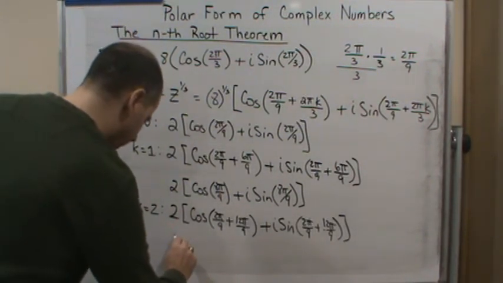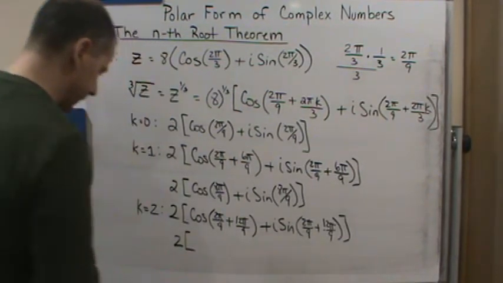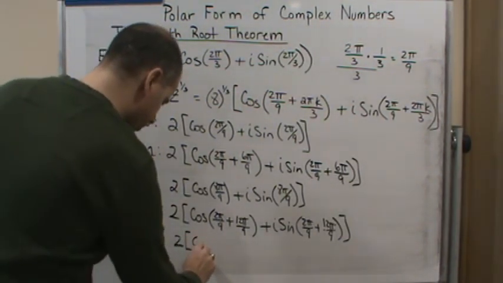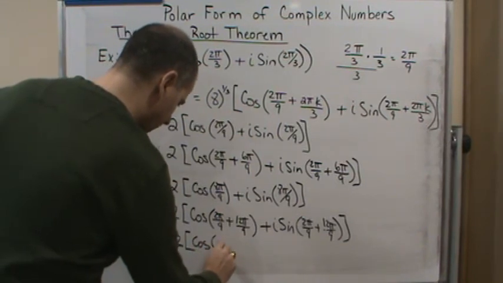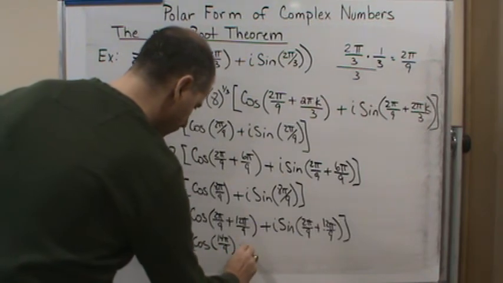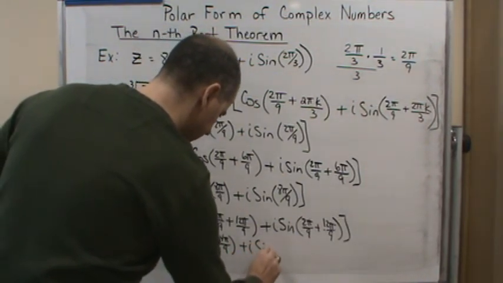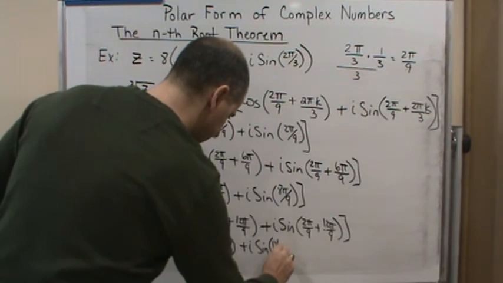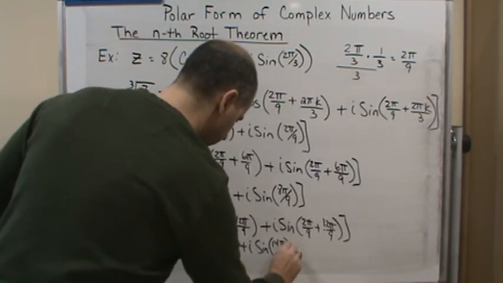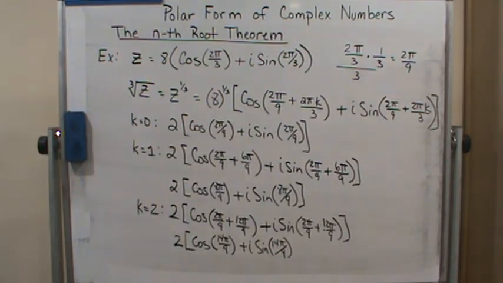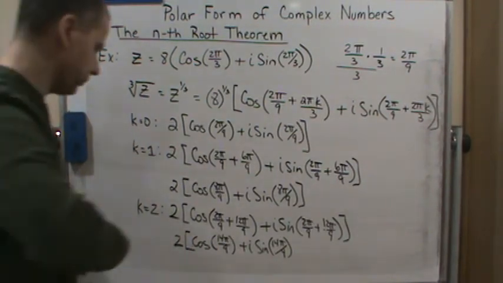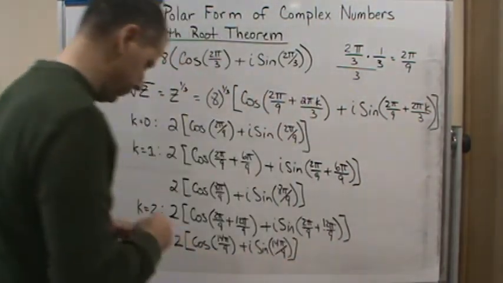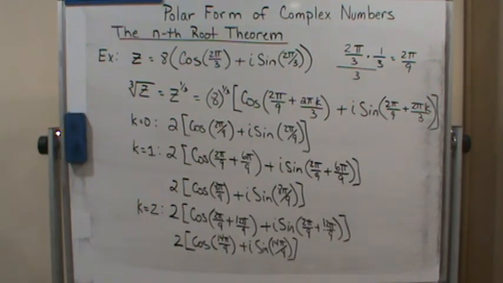Okay, so then our final answer for when k equals 2 is going to be 2 times the quantity cosine of 14 pi over 9 plus I sine 14 pi over 9. And that's it.